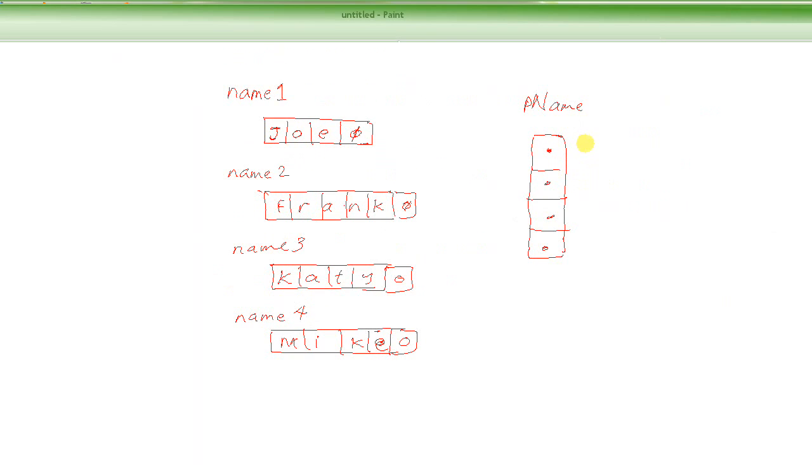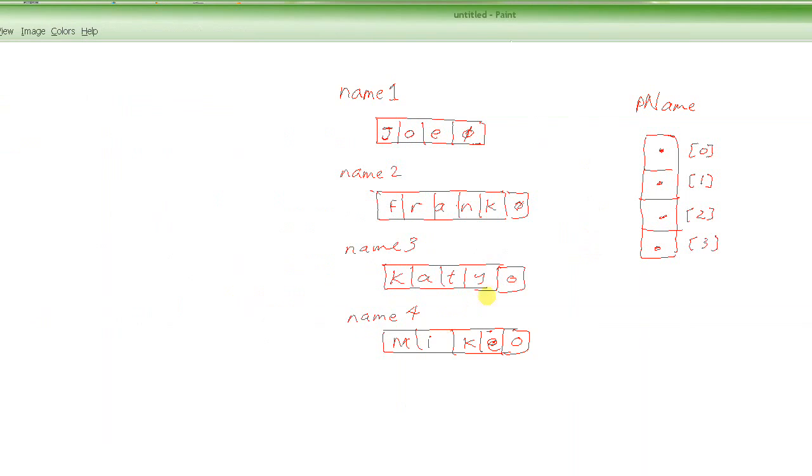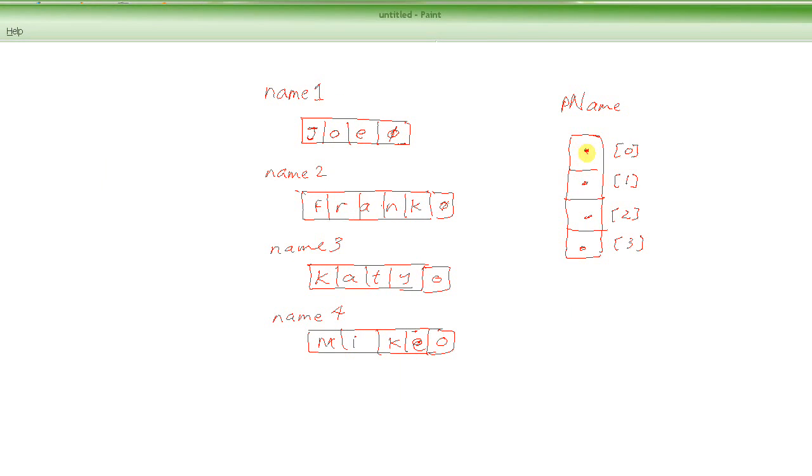So this is pnames of 0, this is pnames of 1, this is pnames of 2, and this is pnames of 3. In pnames of 0, we are storing the address of name2, which will make pnames of 0 point here.